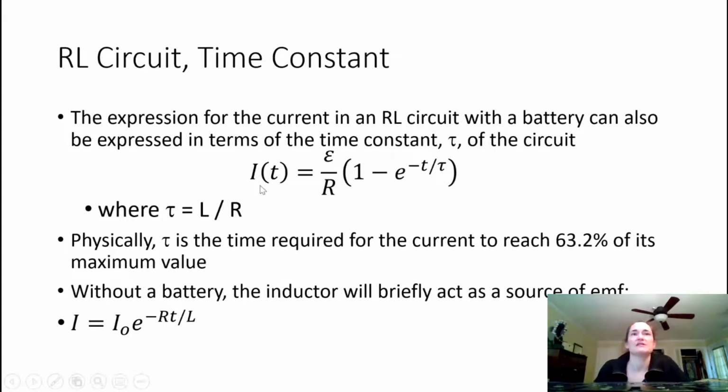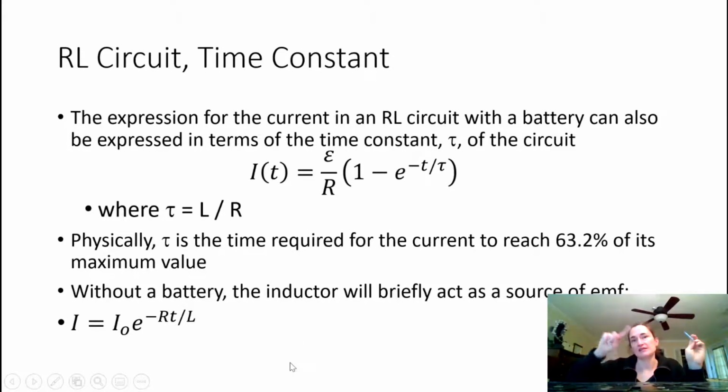The expression for that is I of t equals the EMF of your battery divided by the resistor R times 1 minus e to the minus t over tau. Tau is the time constant of an RL circuit, and that's equal to L over R. Physically, that would be the time for the current to reach about 63% of its max.